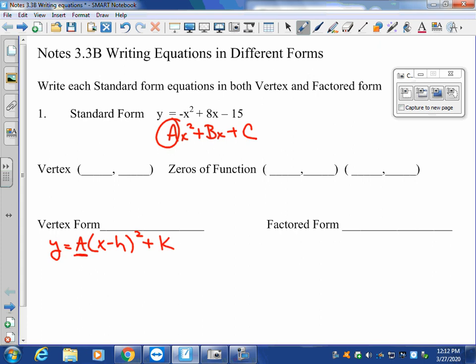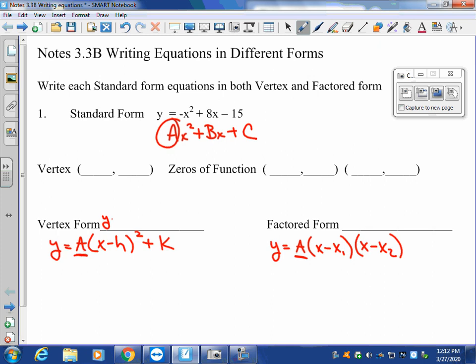And that a is the same a that's in that one. And in factored form, you have y equals a(x minus x1)(x minus x2), and that a is the same a.